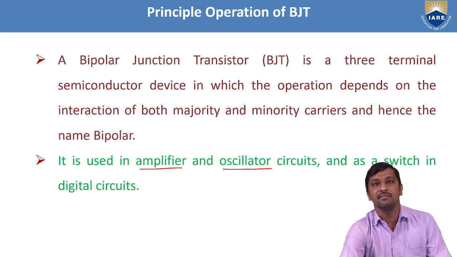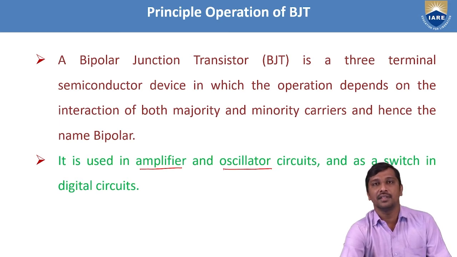Amplification means improving or increasing the signal strength at the output stage. Oscillators means we need to generate some frequency or oscillation, and that can be done by using this bipolar junction transistor. Another simple application of the bipolar junction transistor is as a switch. It simply acts as a conducting state as well as a non-conducting state.